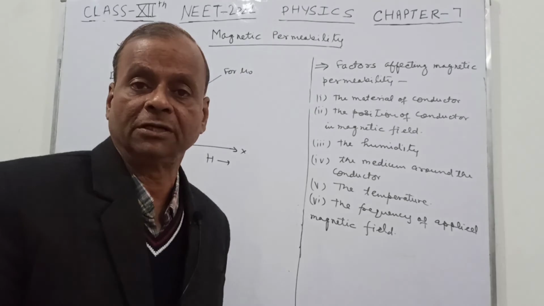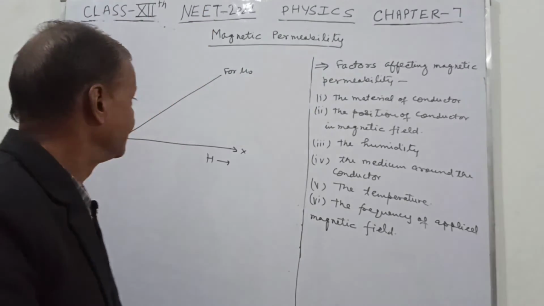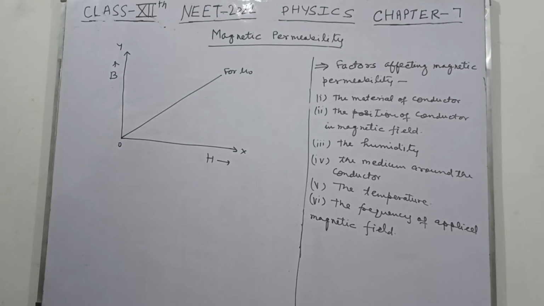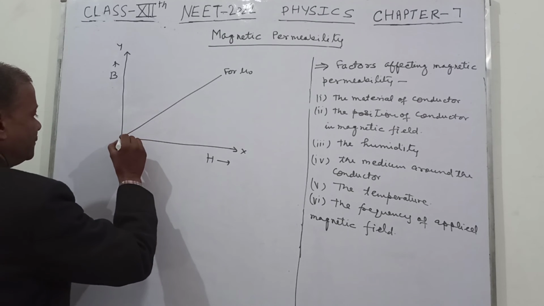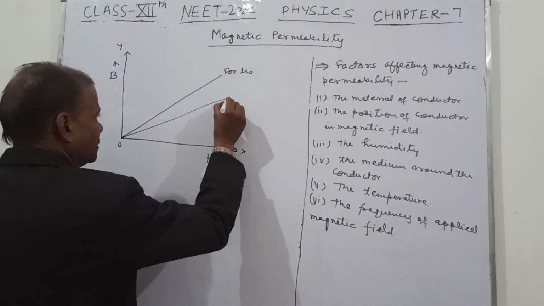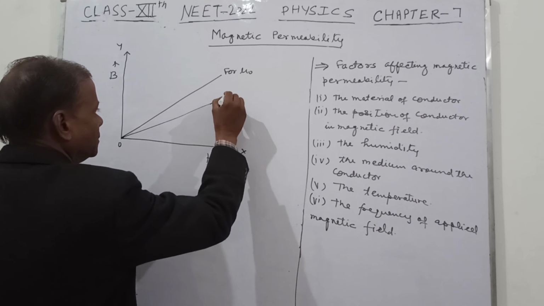That means the magnetic permeability of free space.